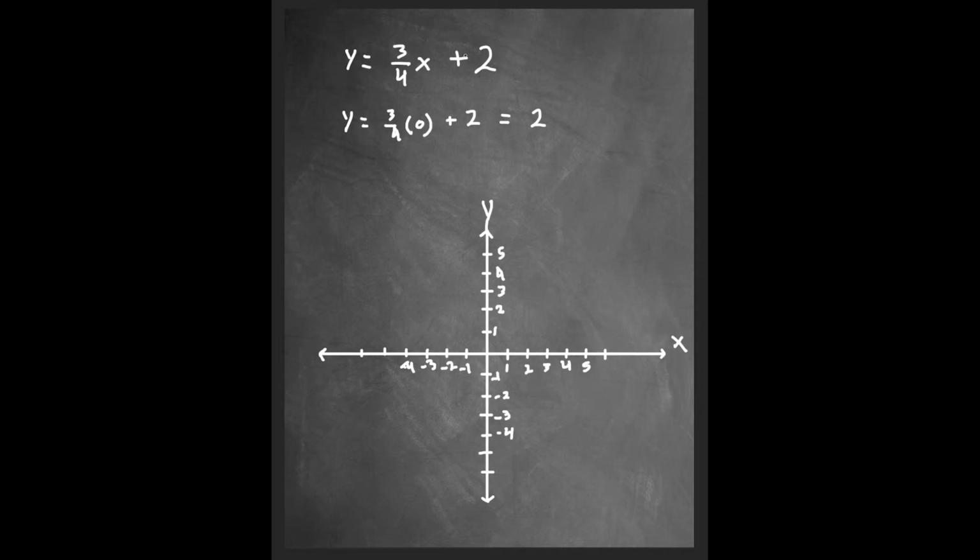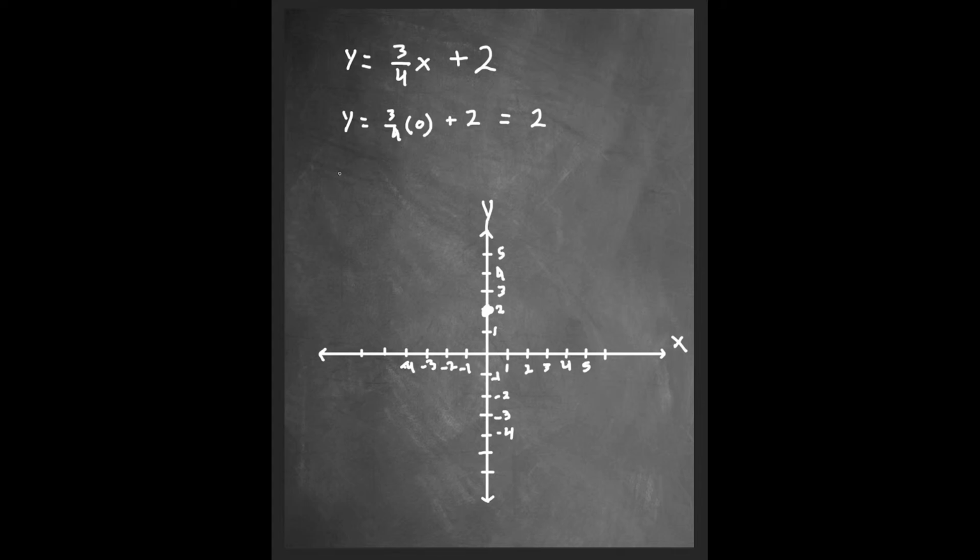That's why the b value is called the y-intercept, because it tells us at what value when x is 0, the line crosses the y-axis. So we're going to put a big dot right there at the 2, because when x is 0, y is 2. Now, the 3/4 is the slope.